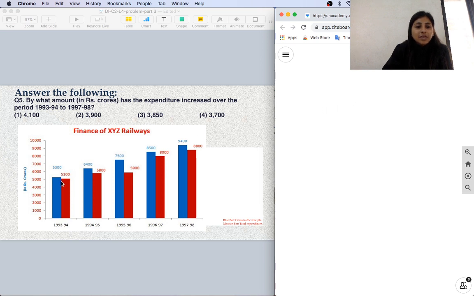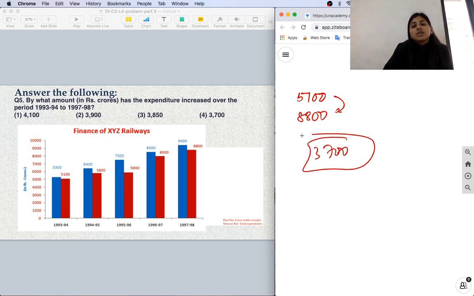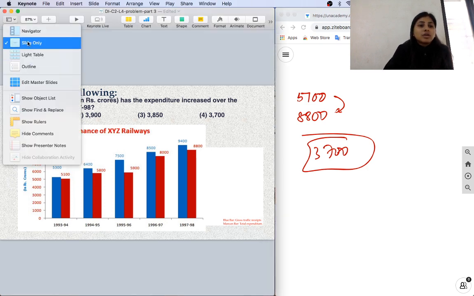We can see that in 93-94 the expenditure was 5100, and in 97-98 it became 8800. So what is the increase? Just take the difference. It is 3700, that is option 4. Next question.